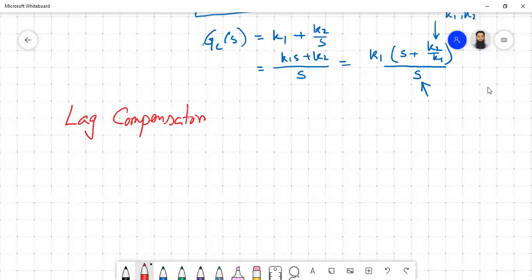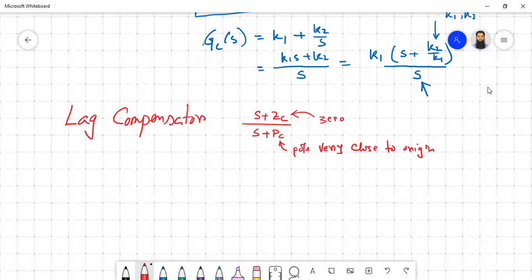Okay, so how it works, it will give you a transfer function like this: S plus ZC over S plus PC. PC is the pole, very close to the origin, and ZC is the zero, very close to the pole.